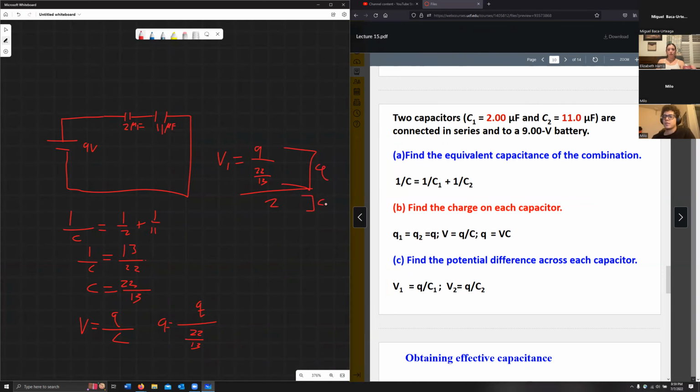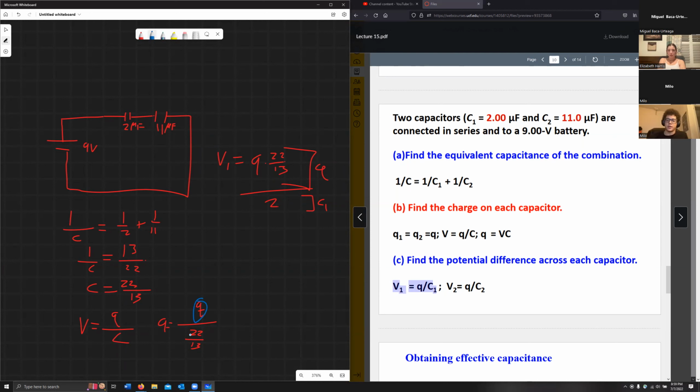This is C1. See this formula right here? So this right here, this is Q. So we divide by this, or, oh wait a minute, I messed up my math here. This should be 9 times 22/13, because this is Q right here.